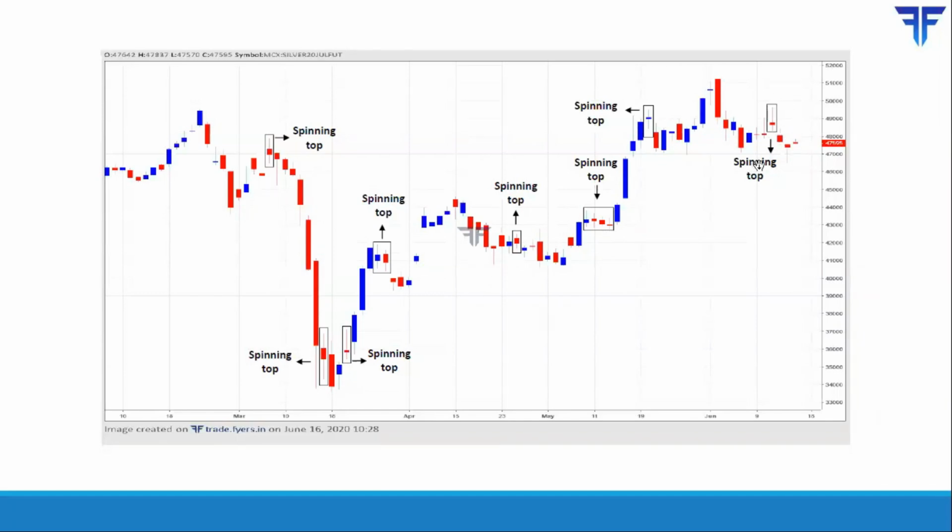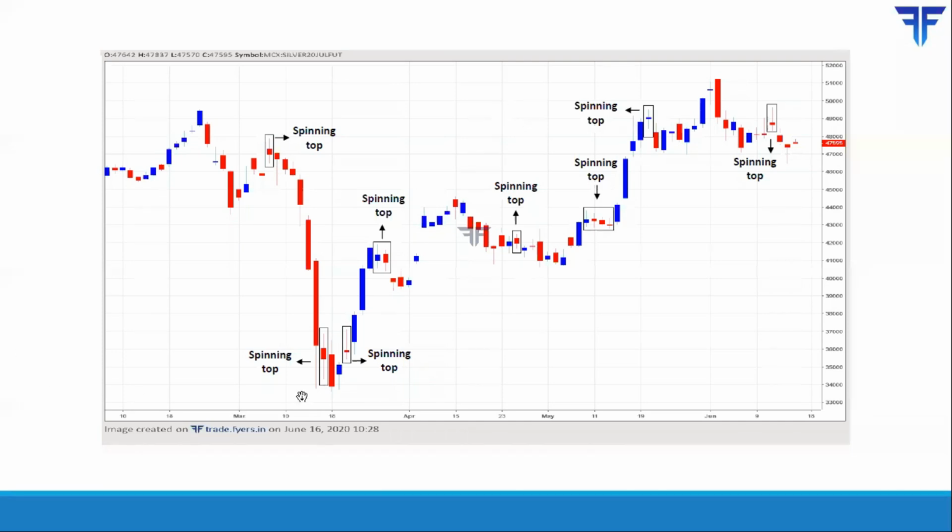One thing that I would like to say is that spinning top is a very common candlestick pattern. In fact, it is actually one of the most common candlestick patterns that will keep appearing on chart. So you must not act on every spinning top that you see.